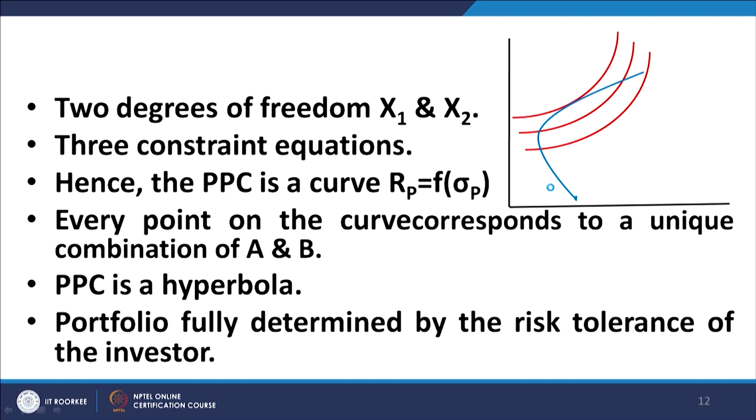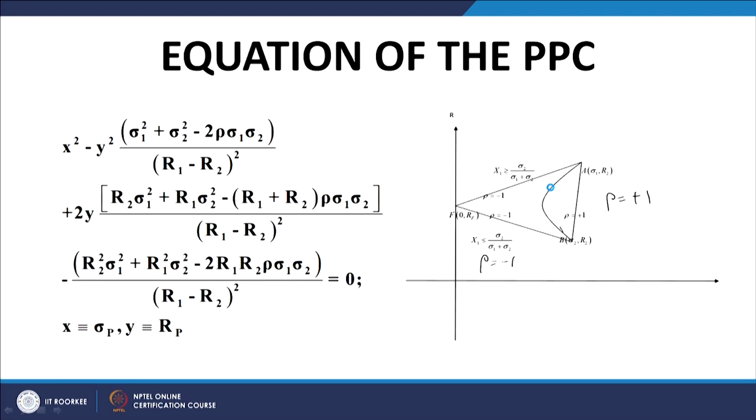So, let us go back to this for a minute. So, what do we have here? Let us take a point here. From this point, suppose I draw a straight line here. Now, these 2 points, let us call it x and y.